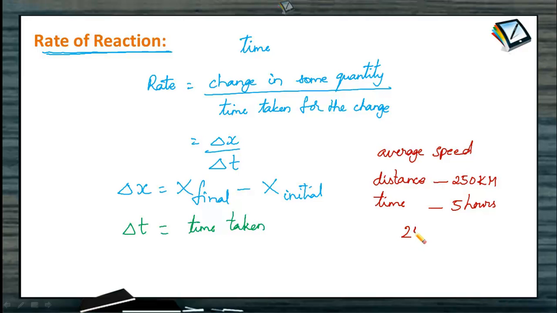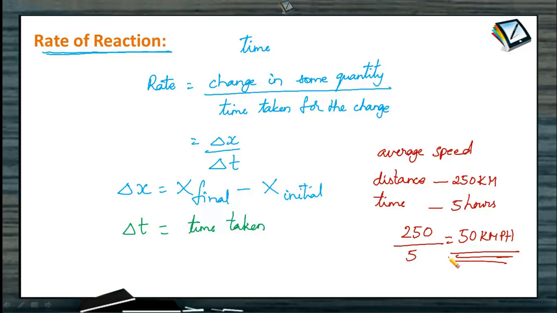It is nothing but equal to the change in the distance, 250, upon the time taken to cover the distance, 5. So 250 upon 5, that is 50 kilometers per hour, isn't it? And this example indicates that the car has been driven with a uniform rate of 50 kilometers per hour.